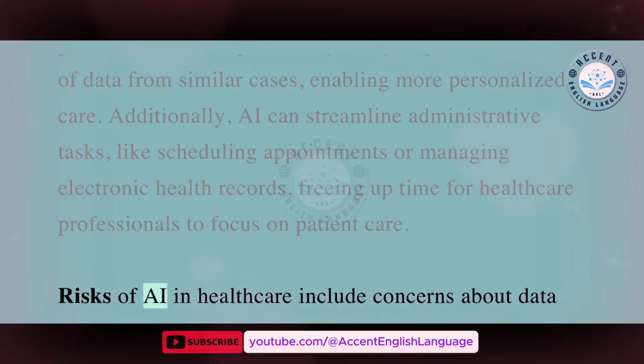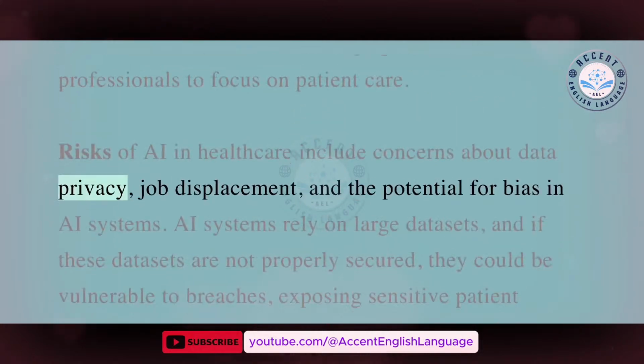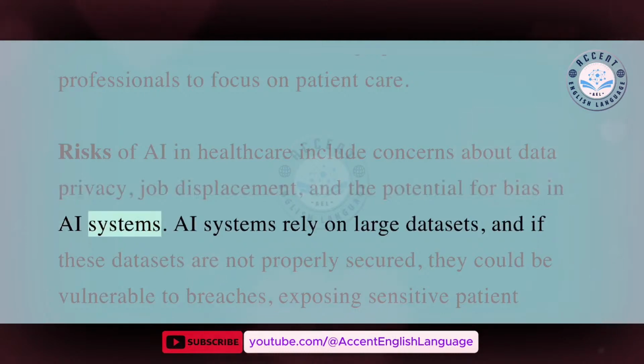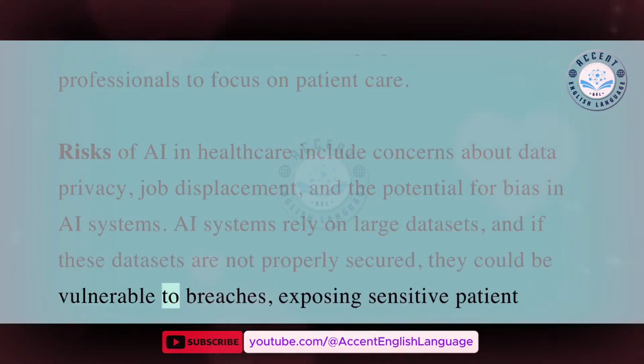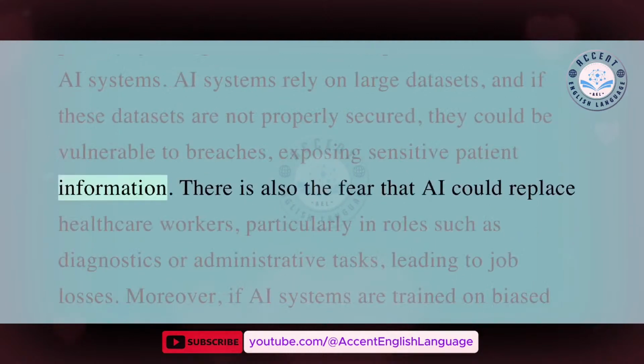Risks of AI in healthcare include concerns about data privacy, job displacement, and the potential for bias in AI systems. AI systems rely on large datasets, and if these datasets are not properly secured, they could be vulnerable to breaches, exposing sensitive patient information.